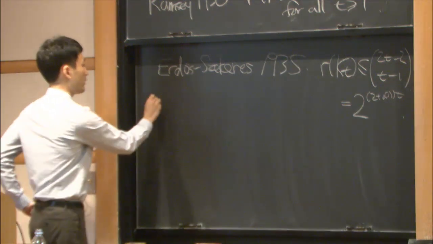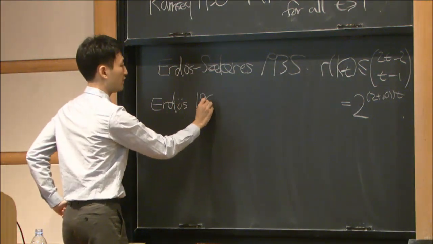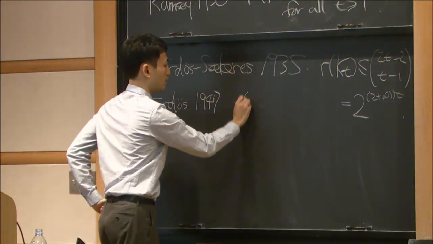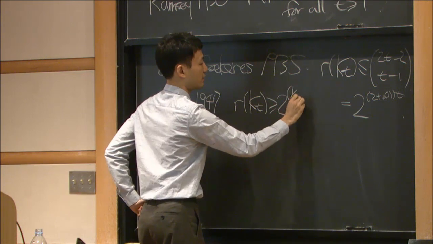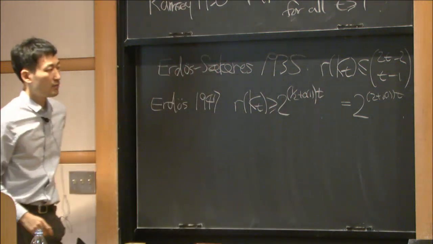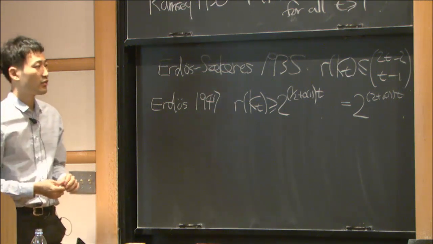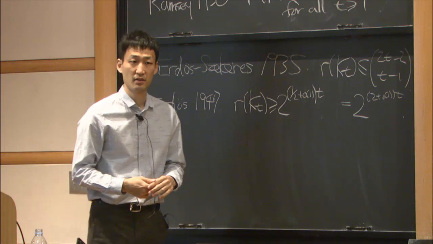And the best known lower bound was established by Erdős in 1947. He proved that R(Kt) is at least 2 to the 1/2 times t. This shows that the Ramsey number of complete graphs is exponential in terms of its number of vertices.